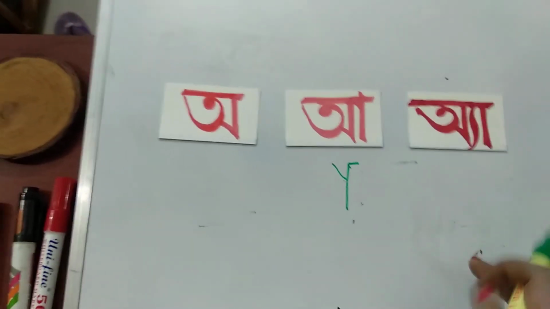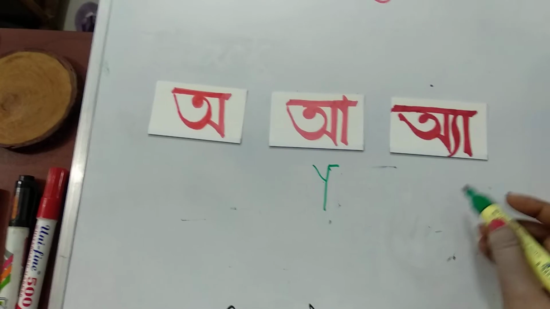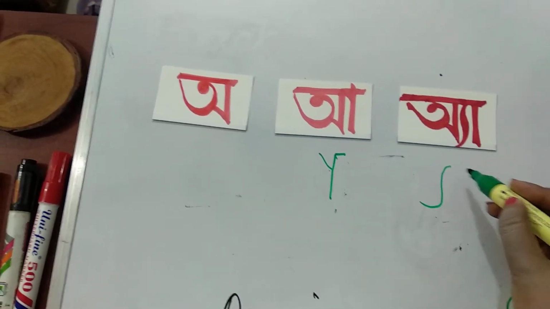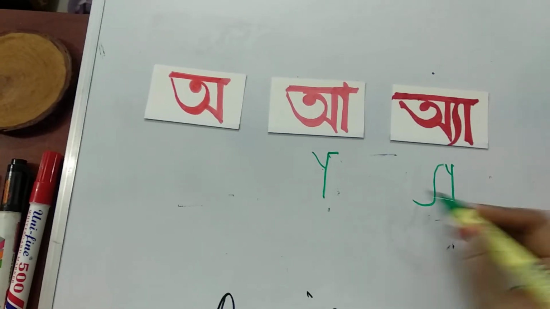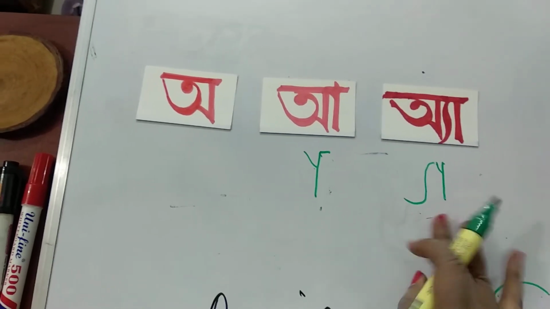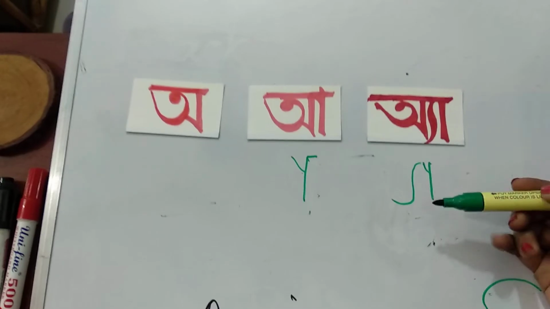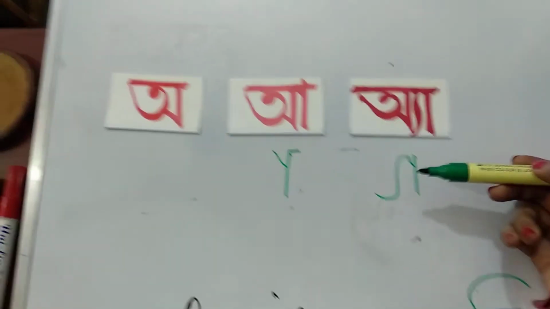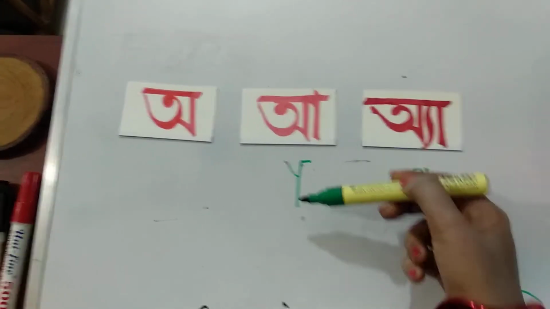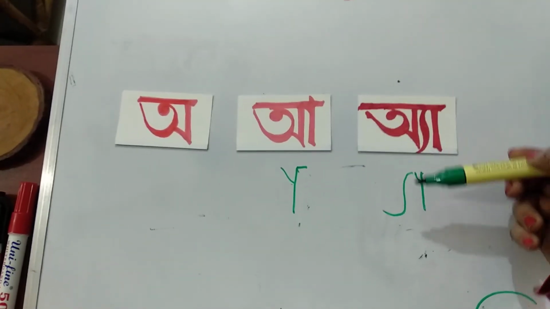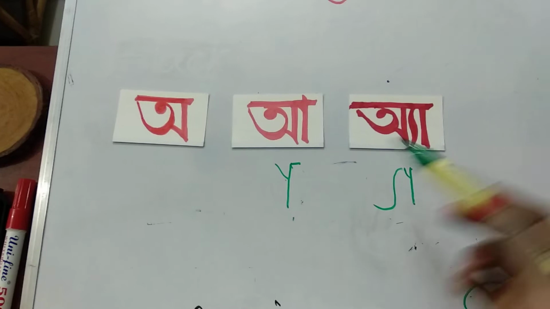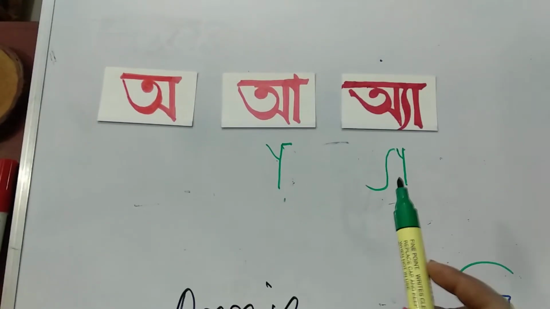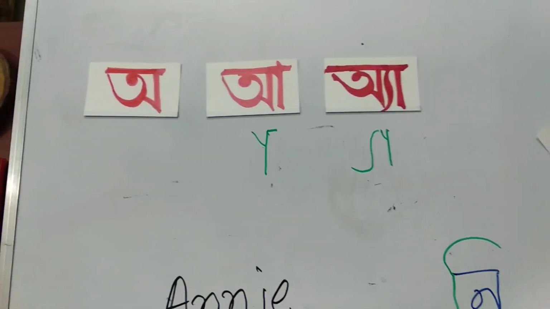And what is the sign for this? Okay, this one, this wave and this A vowel sign. Together they make the symbol or the sign for this vowel letter. Okay, so this is for A and this is for A letter. Okay, this is a sign, this is also a sign.